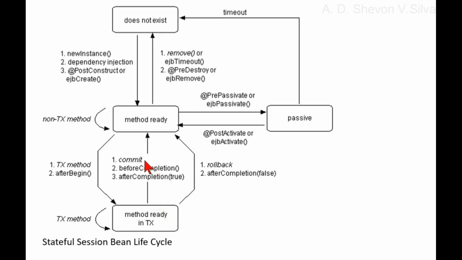The session synchronization method before completion is invoked. The session synchronization method after completion is invoked with an argument of true. The following occurs for the failure case. The transaction is rolled back, and the session synchronization method after completion is invoked with the argument of false.